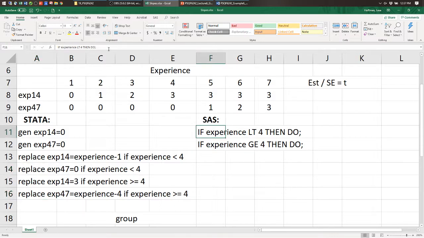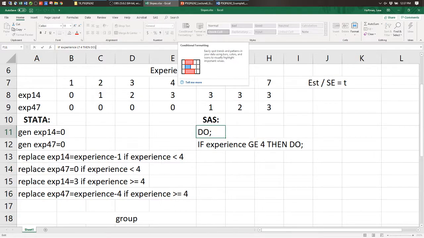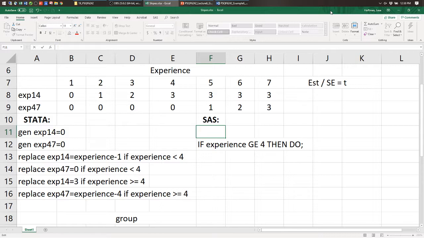So let me correct this once and for all. If experience is less than 4, so mimicking this data code over here, then experience 1 to 4 equals experience, the full word, minus 1.